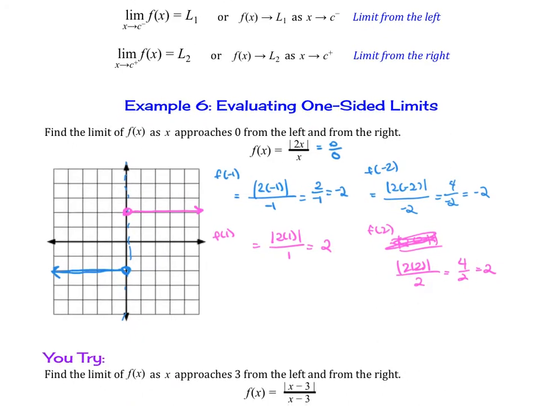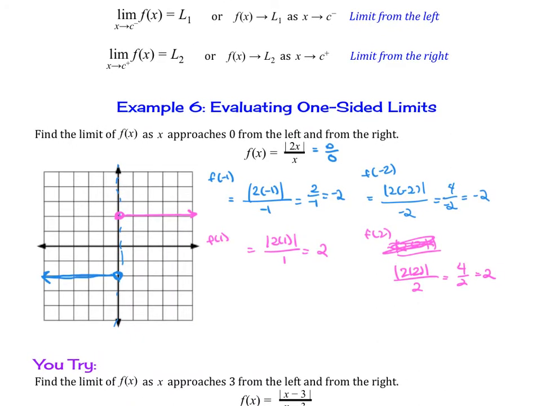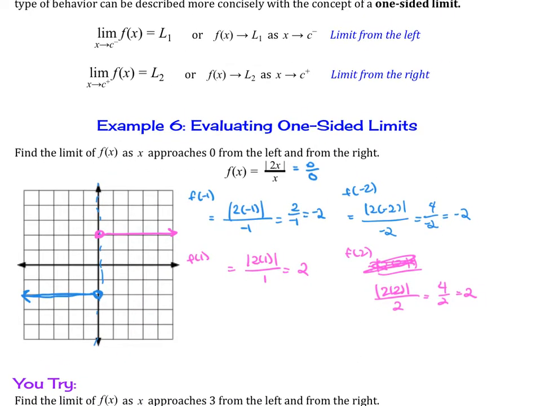So how do you describe this? On the left, the limit as x approaches 0 from the left of the absolute value of 2x over x is going to equal negative 2. Then on the right, the limit as x approaches 0 from the right of the absolute value of 2x over x is going to be positive 2.